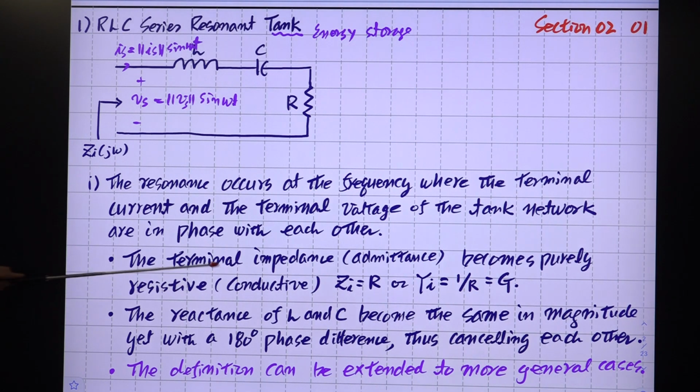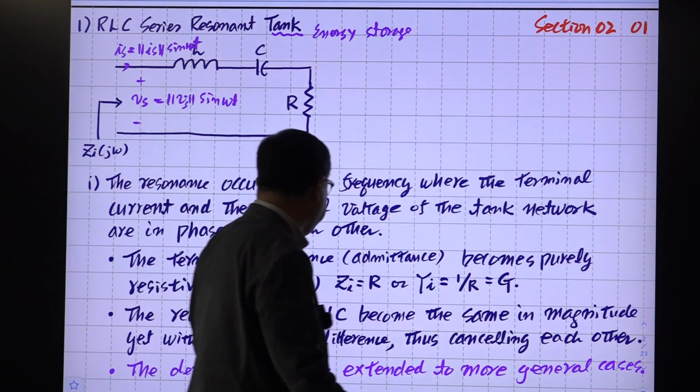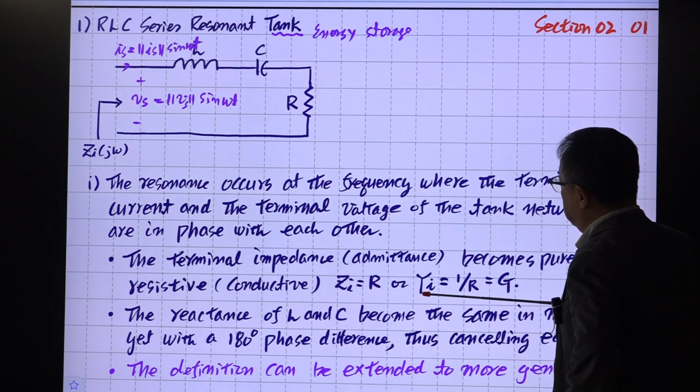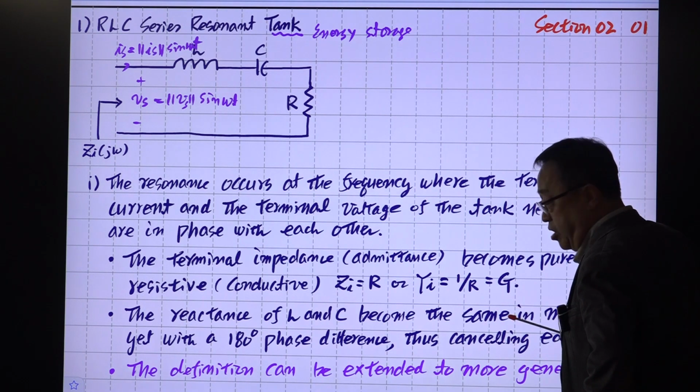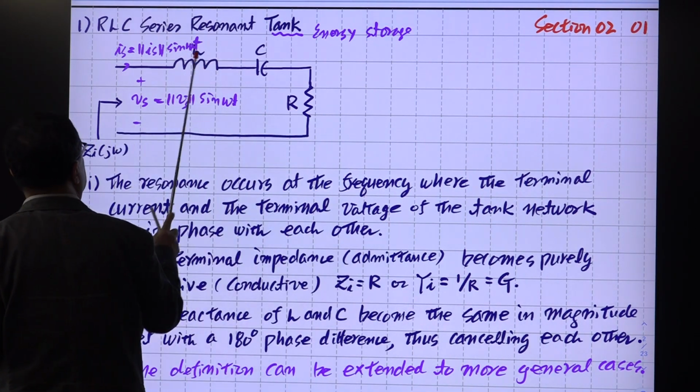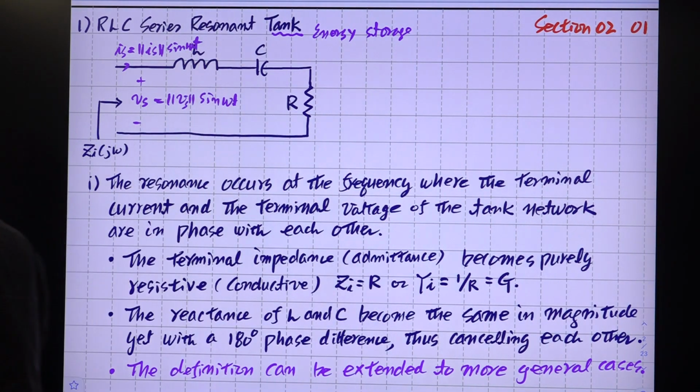So it is written here: the terminal impedance or admittance becomes purely resistive or conductive. That means the input impedance is R, or the admittance is 1 over R, which is the conductance G. If there is only one L and one C, the reactance of the two components cancels perfectly, but this concept can be applied to any other circuit configuration as long as it has L and C, more than 2.